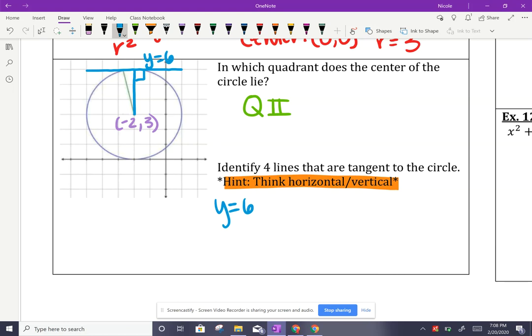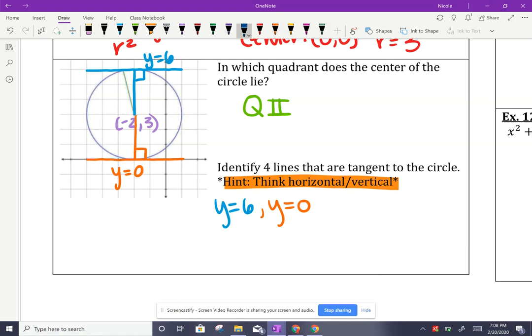One line down. We could copy that on the bottom, go horizontal across the bottom, getting a little crooked. And that's also going to be perpendicular to the radius, and that is y equals 0. So that's 2 lines. So those are our horizontals.